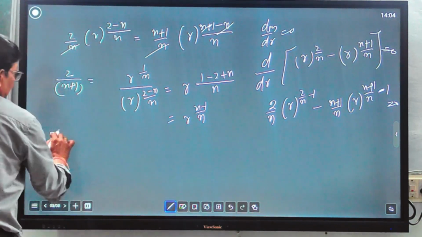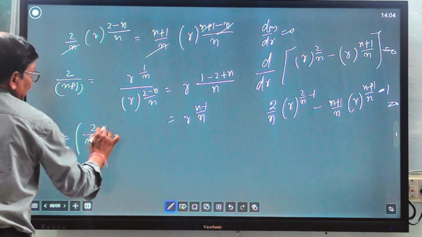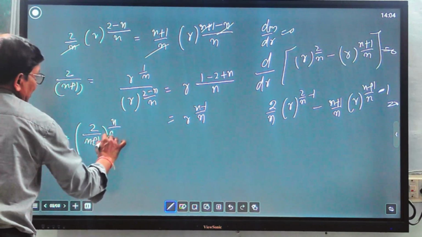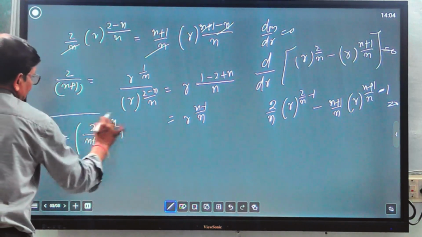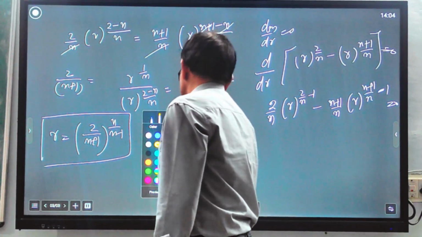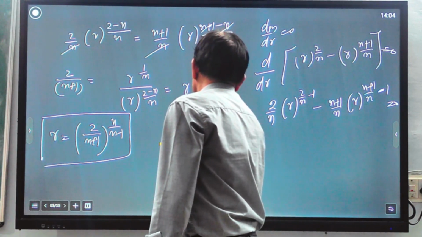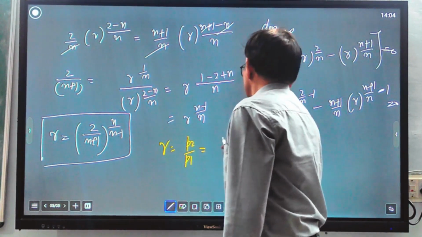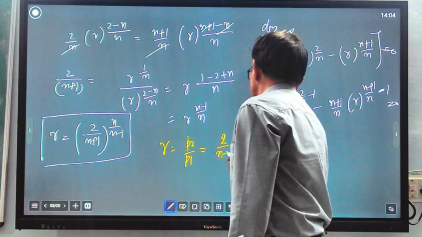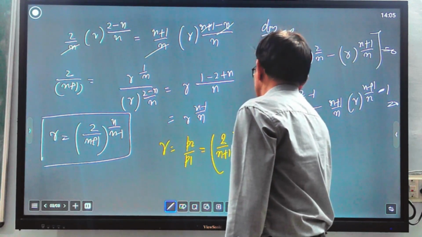R equal to (2 upon n plus 1) to the power n upon n minus 1. This is the condition of maximum discharge, meaning R equal to P2 by P1 equal to (2 upon n plus 1) to the power n upon n minus 1.